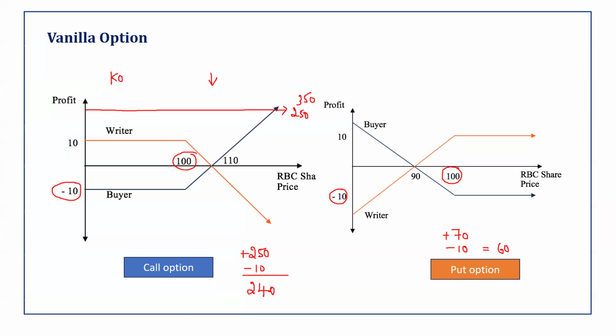So if the share price from 100 goes to 240, in that scenario, the holder will get 140. But if at any point of time the price goes above 250, this option will become deactivated.